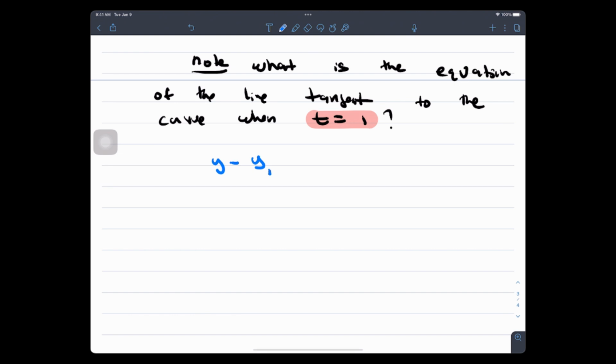y minus y1 equals m tangent times x minus x1. That's all from Calculus 1. You guys are actually done with all the information. How come I say you're done? The point is (e, 1). This happens when t is 1. This is that one and only point you have.